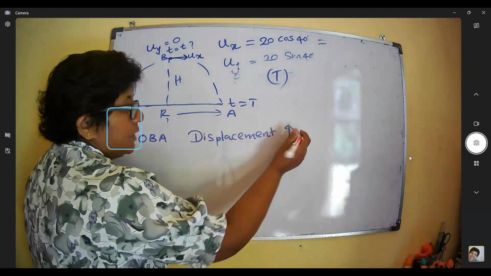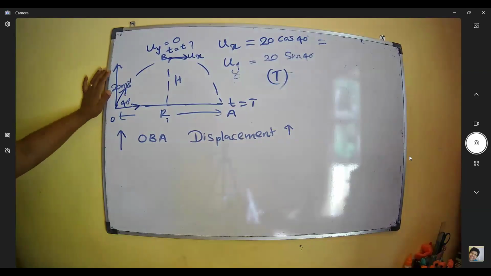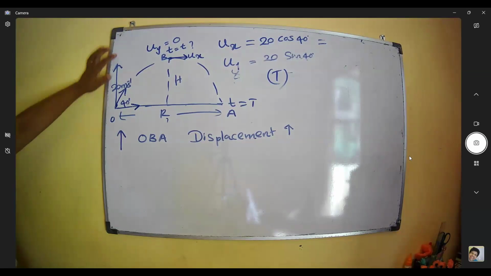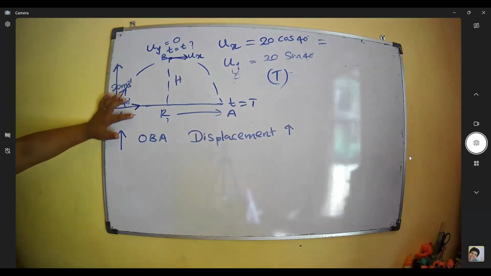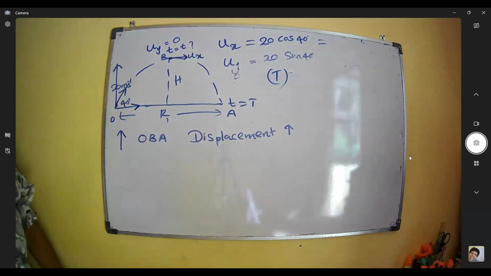We are considering the vertical part: the ball goes up to the maximum point, and again goes down to the ground. What is the total displacement, the vertical displacement throughout this motion?